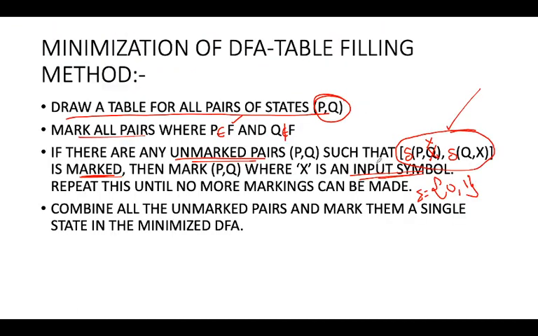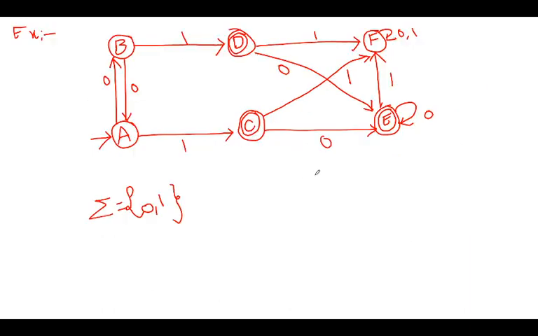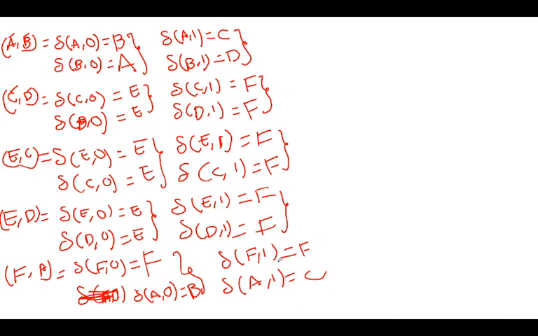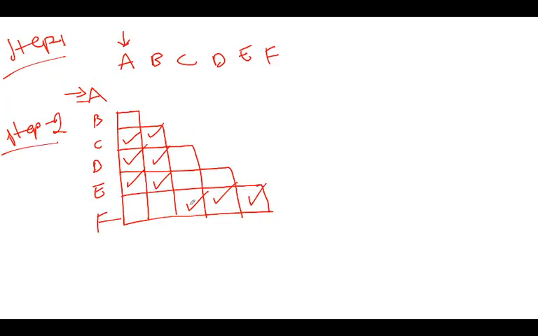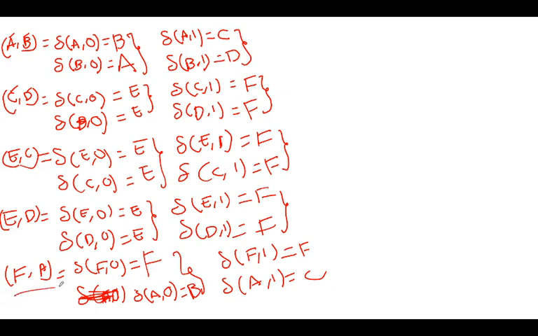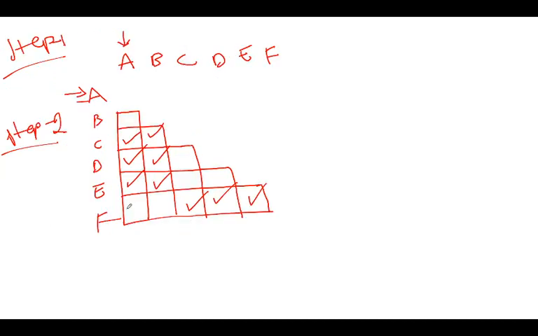Let's observe this condition: if the transition of p comma x and transition of q comma y is marked, then mark p comma q. You have to know this point. So clearly F comma C is marked, so we have to mark it. Just remember, FCA you have to mark it here.